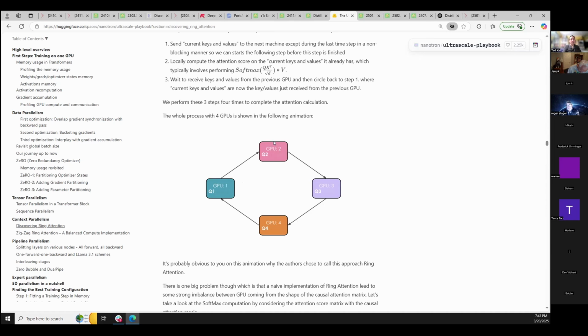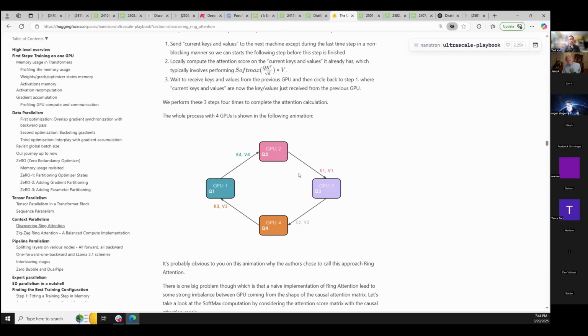And I believe with asynchronous communication, you can overlap some of this communication with the compute. So as soon as GPU 2 gets key 1 and value 1 from the first GPU, it can immediately start sending the message to GPU 3, and meanwhile it's going to go and do its actual calculations with the keys and values.